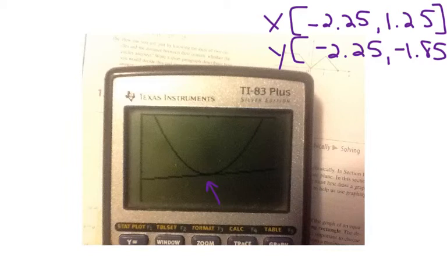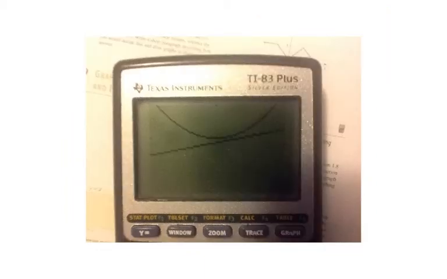I'm sorry, I misspoke. This was 0.75. So the x values went from 0.75 as a minimum to 1.25 as a maximum. And the y values, negative 2.25 as a minimum, negative 1.85 as a maximum.